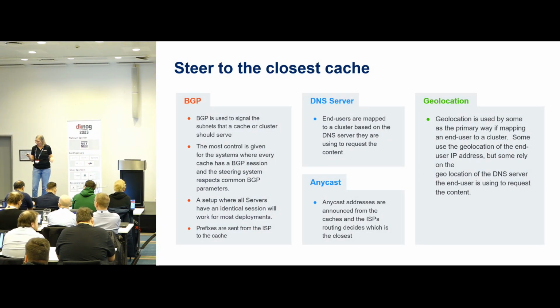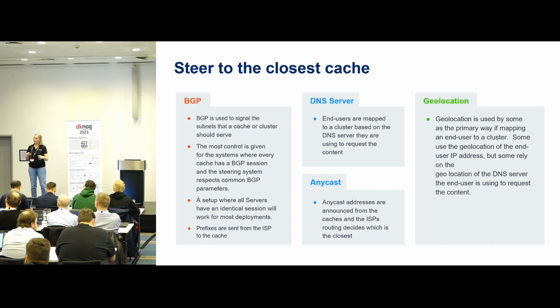So to take a step back from traffic statistics and traffic flow and have a little look at what are the different methods that could be used to direct the end user to the server. One way of doing it is using BGP.